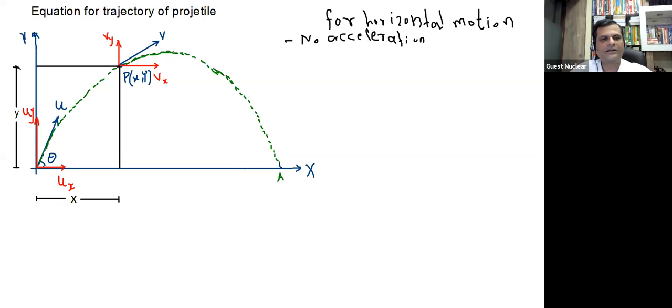Will everyone understand this properly? Motion of a projectile has no acceleration in horizontal motion.